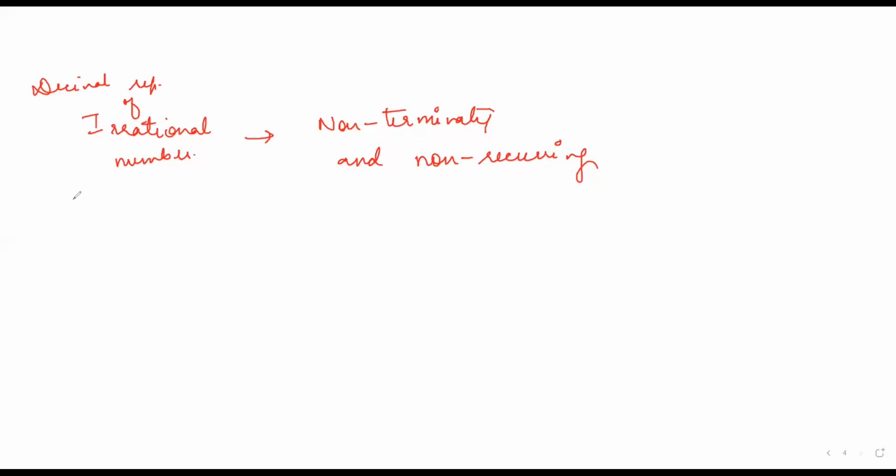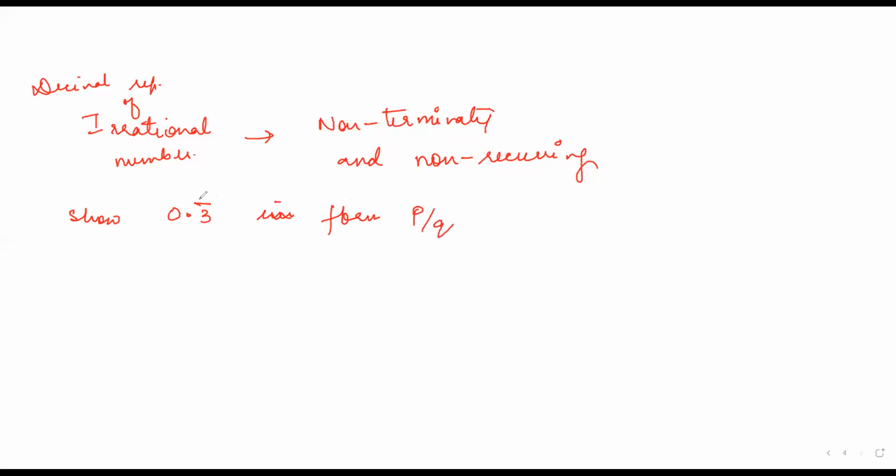Okay, so this is one of your NCERT questions: show 0.3 bar in the form p by q. So you have to convert this in the form of p by q.